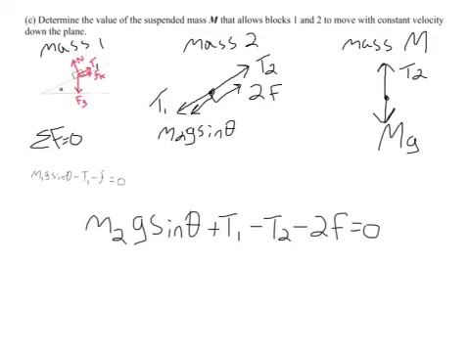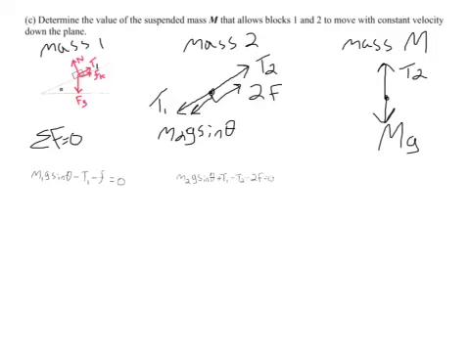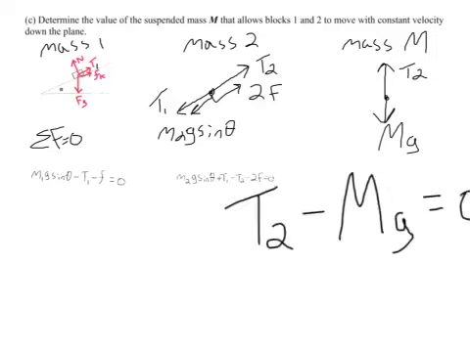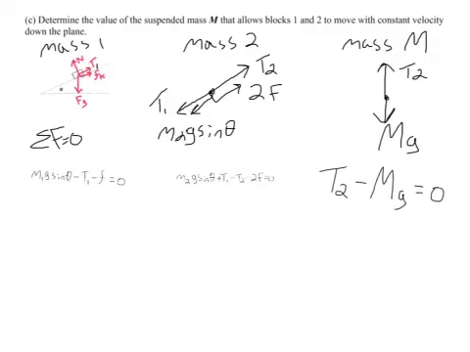So that's everything in the positive direction for block 2 and everything in the negative direction. For block 3, we get T2 minus Mg equals 0. Again, this is the direction of motion we set as positive. So for that hanging mass, the positive direction is up.